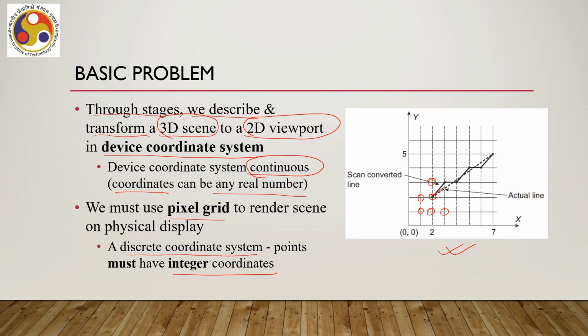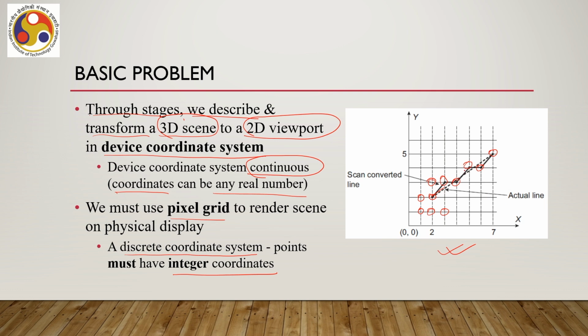That means we can choose this pixel, then this one, then this one and this one, instead of the points that lie in between pixels. Essentially we are mapping from any real value to integer values representing the nearest pixel.